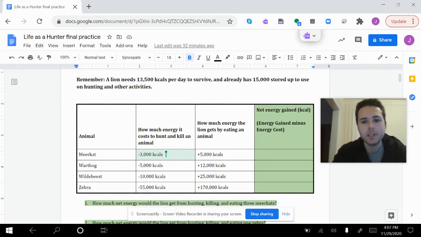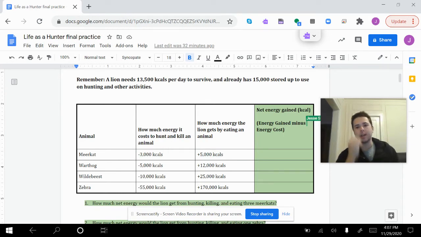Because net energy basically means how much energy the lion is left with after they spend energy hunting and killing, but then they gain energy eating. So again, in short, the formula is this column minus this column. Okay, so go ahead and take a second and do that.